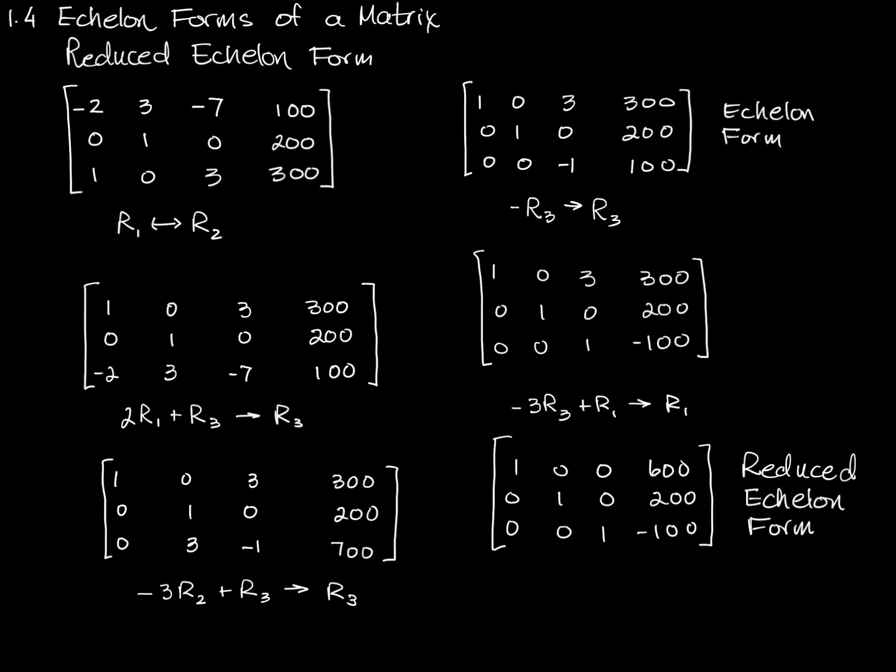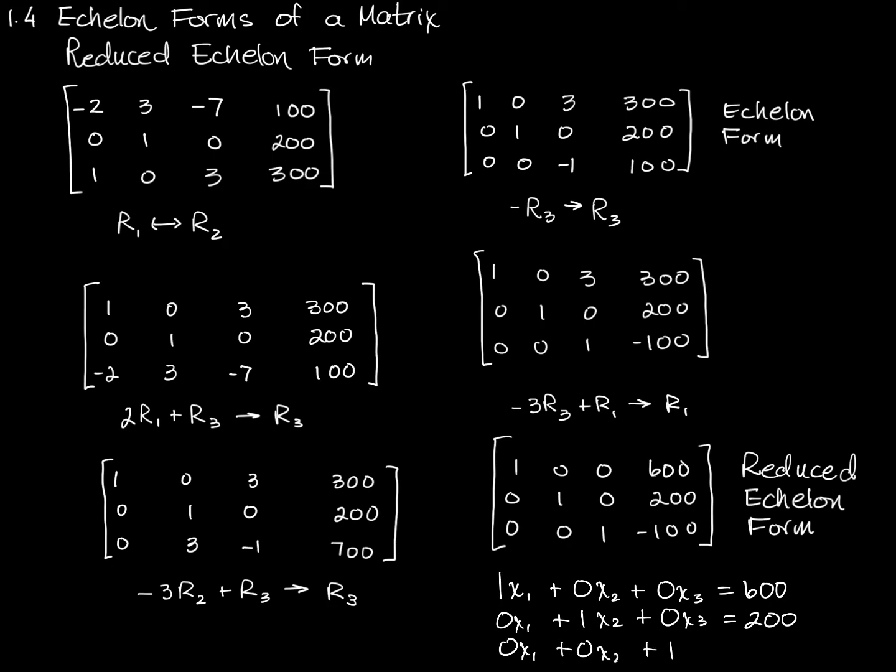So I'll have 1x1 plus 0x2 plus 0x3 equals 600. And then I'll have 0x1 plus 1x2 for the second row plus 0x3 equals 200. And 0x1 plus 0x2 plus 1x3 is negative 100.